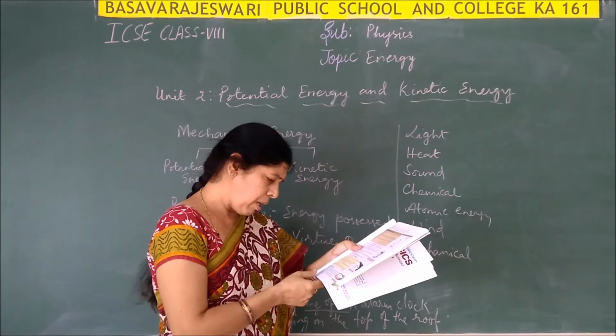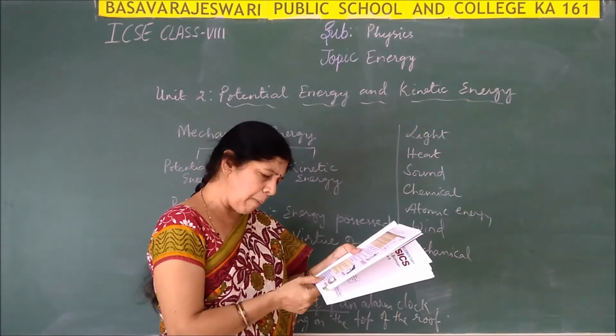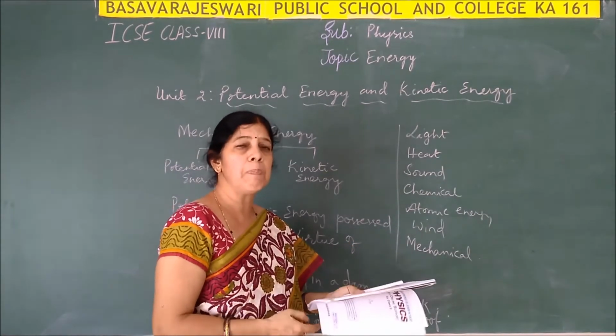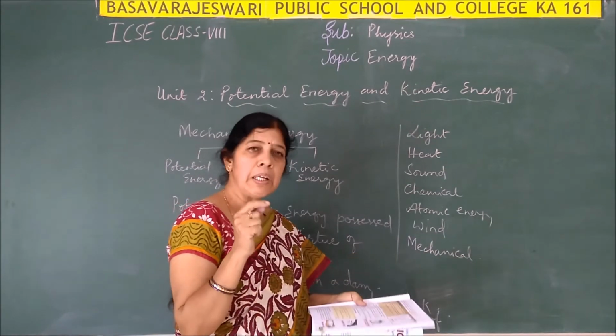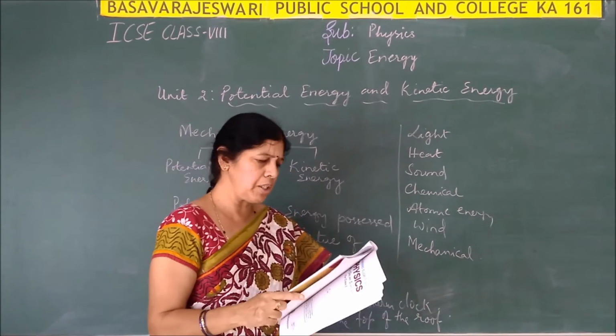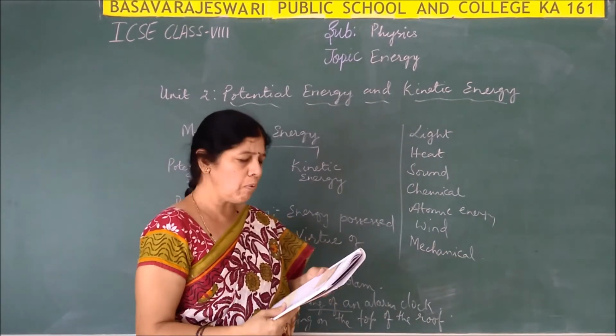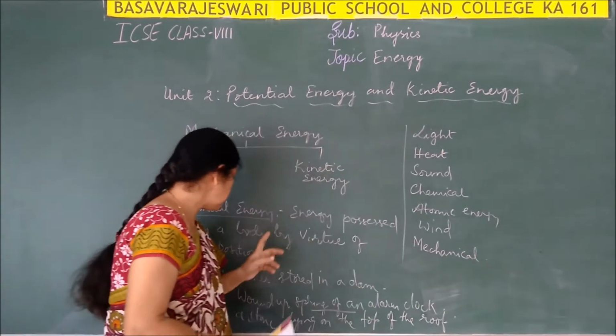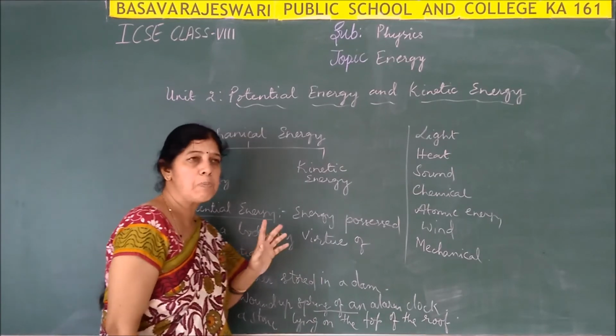Understood? Then, in a toy pistol, the spring gets compressed and stores muscular energy. So, even if you take a pistol, the spring will get compressed and it will store potential energy. So, remember the definition of potential energy: potential energy is the energy possessed by a body by virtue of its position.